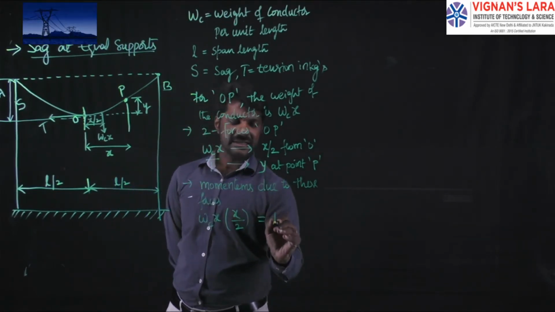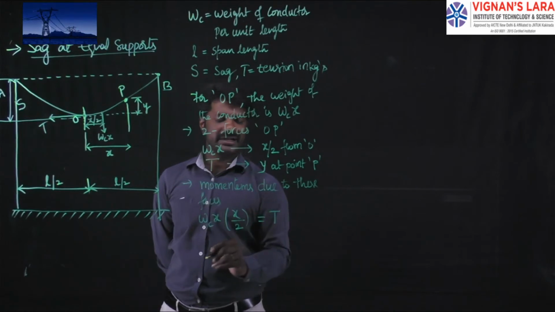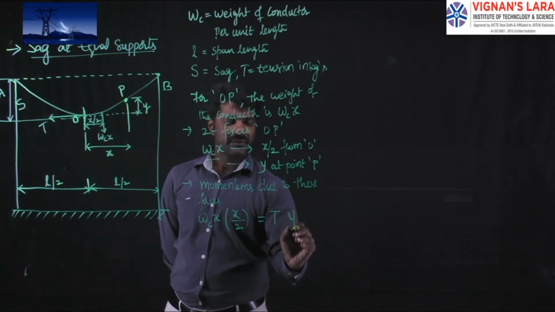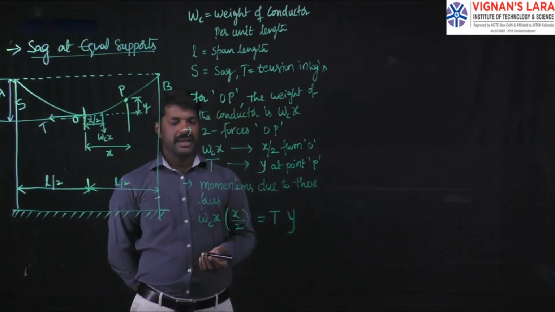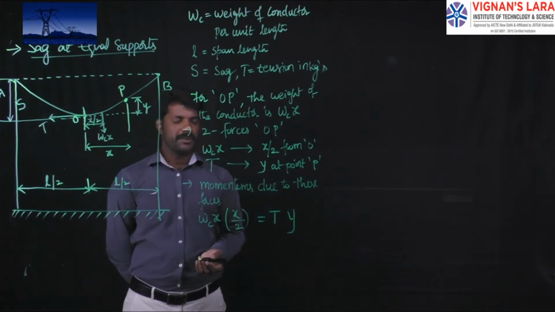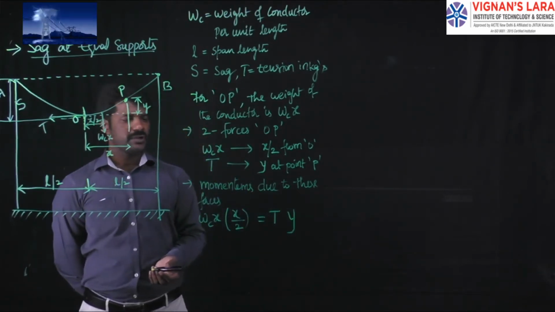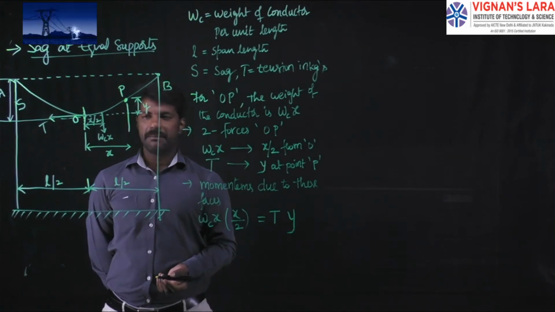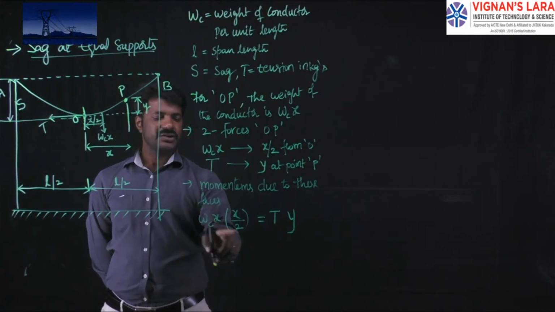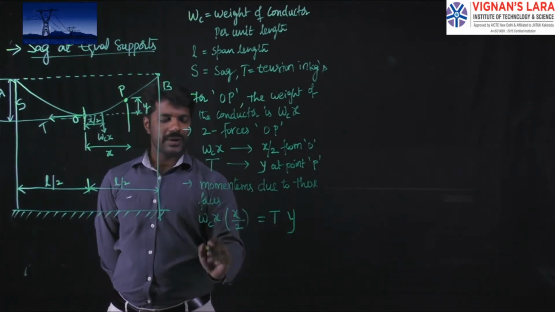The tension is capital T, acting for a vertical length of Y at point P, so that the moments will be the same, so that WCX into X by 2 should be equal to T into Y.